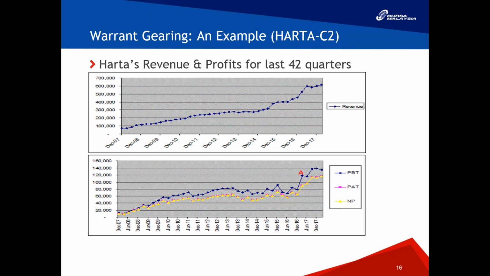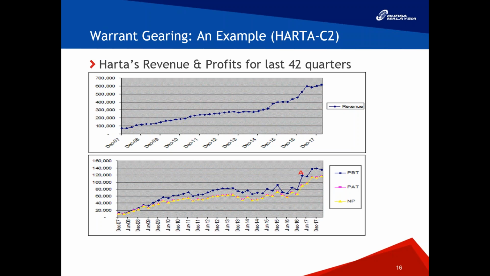Right? I'm going to share with you about Hata, which is a rubber glove company. You have here 42 quarters of revenue and profits. We can see that revenue is rising, and similarly, the profit of the company also rose, but it was only in 2017, because before that it was pretty flat until March 2017, and when the result came out, pre-tax, for example, jumped way above the normal, which was around 80 to 90 million.